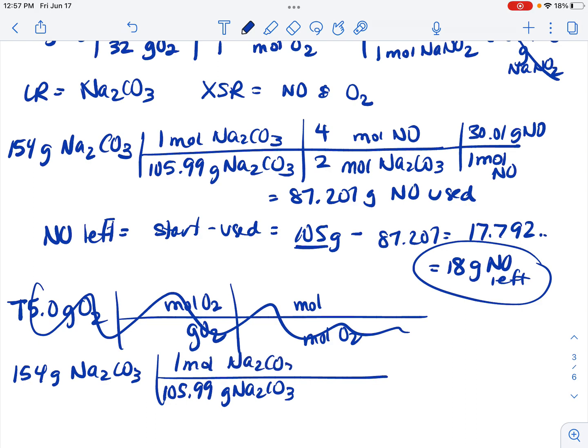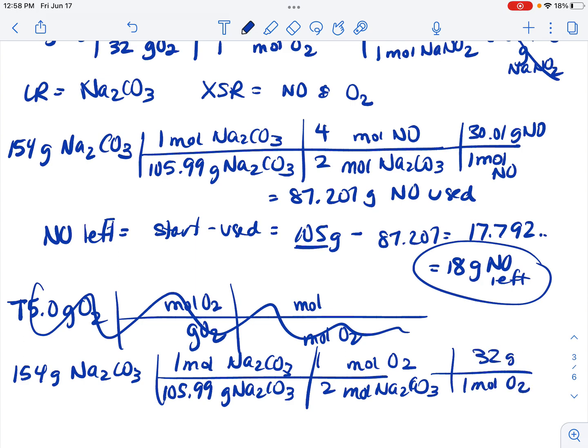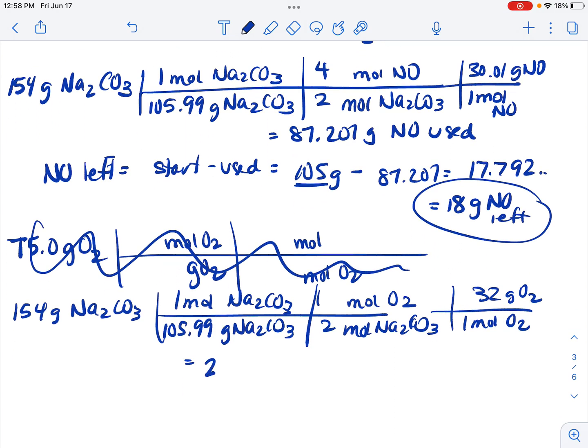Sorry. So I'm going to go to moles of sodium carbonate, then moles of sodium carbonate to moles of O2 from the equation. This is 1 O2 to 2 sodium carbonates, then 1 mole of O2 to 32 grams. Tells me that I used 23.2474 grams used.